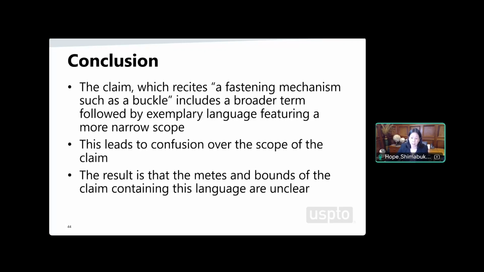And again, exemplary language causes confusion, and then the metes and bounds of the claim are left unclear. So if an applicant intends to positively claim the terminology after a "such as" phrase, we recommend using "comprises" instead.